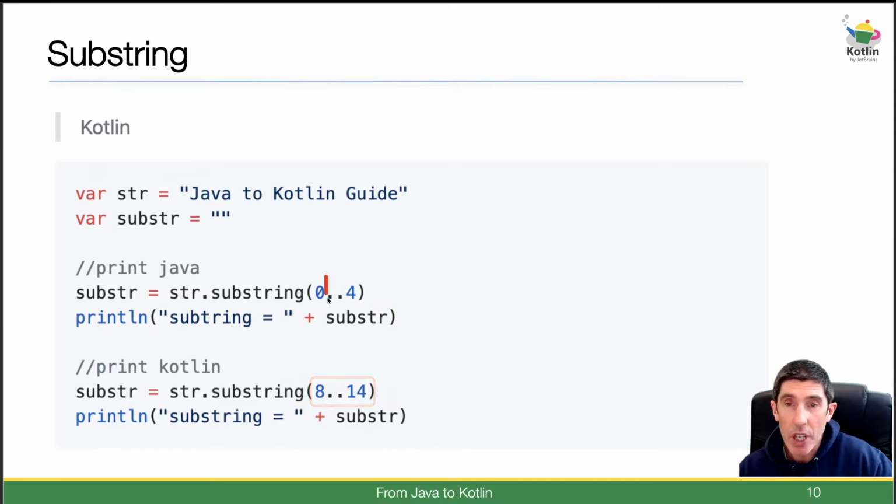The only difference is that we're using this range operator. So in the previous example, we had said 0,4. Here it's 8 range 4. Now that does come into play later on when we look at looping and different ways to do it. So there's a subtle difference there between Java and Kotlin.